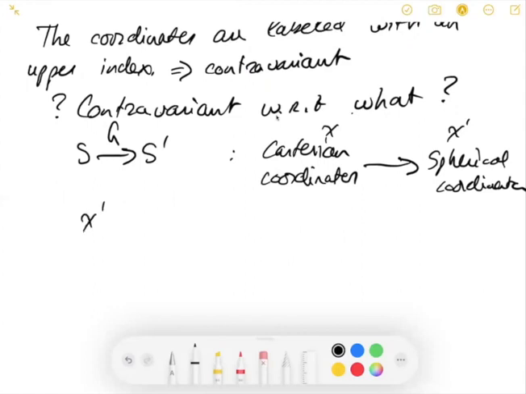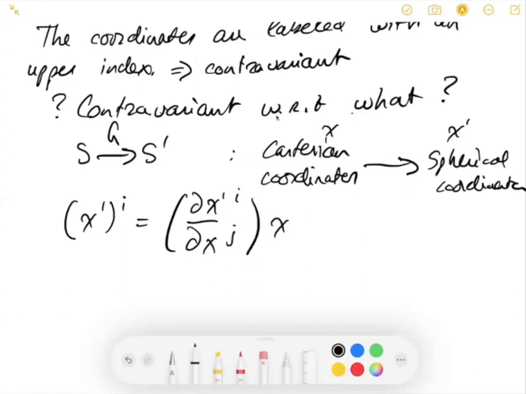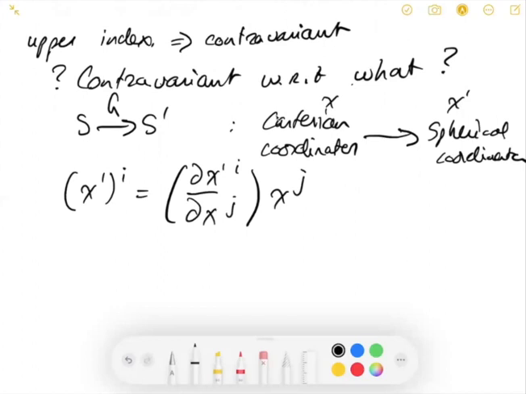Then we can get the coordinates of the primed coordinate system by taking the partial derivative, there's an i here, and there's a j here, and multiply that by xj. And this looks a little funny, but you have seen this before. This is the Jacobian matrix.